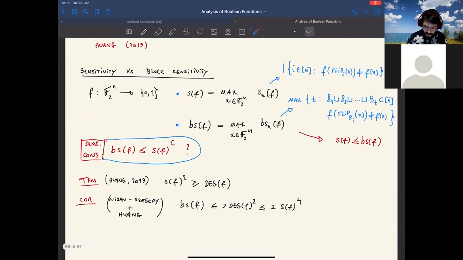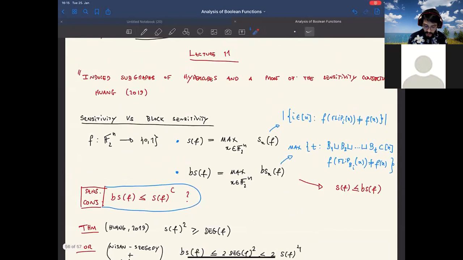Okay. And what is this thing related with induced subgraphs of hypercubes? Well, basically, the idea is that the function f can be seen as a coloring of this set here. You can think of this set as a graph, so you can think of f as a coloring of that graph.